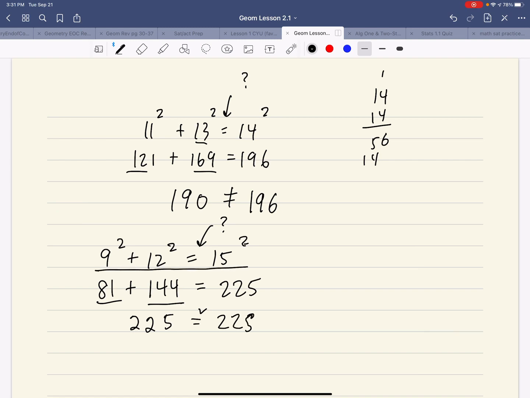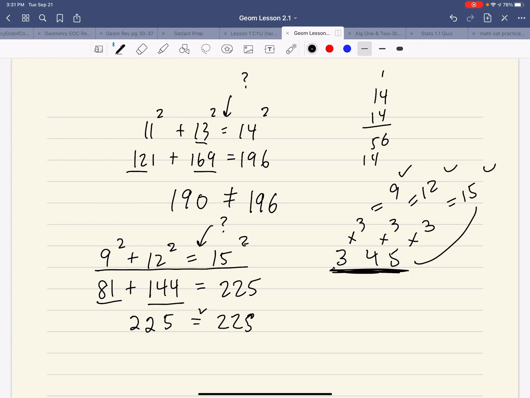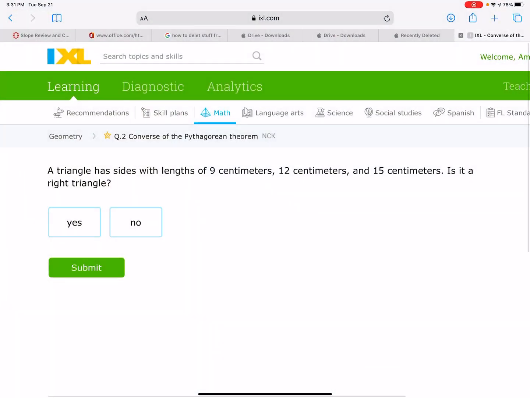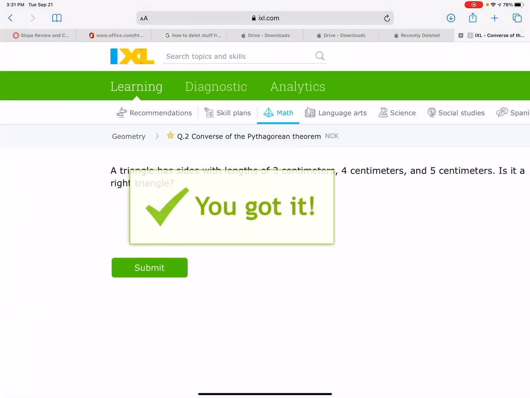Now you may be wondering why. Well, that's our 3, 4, 5. So if you multiplied each number by 3, it's 3 times bigger. 9, 12, 15 is technically not a Pythagorean triple. It's just a larger version of the 3, 4, 5. It's not a unique Pythagorean triple, so we're going to say yes.